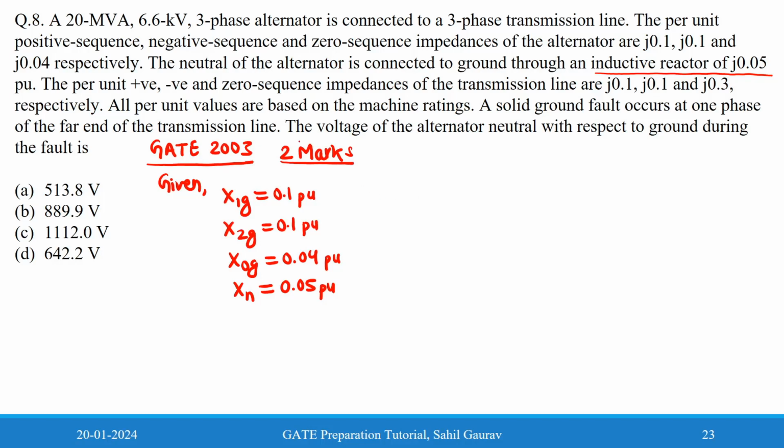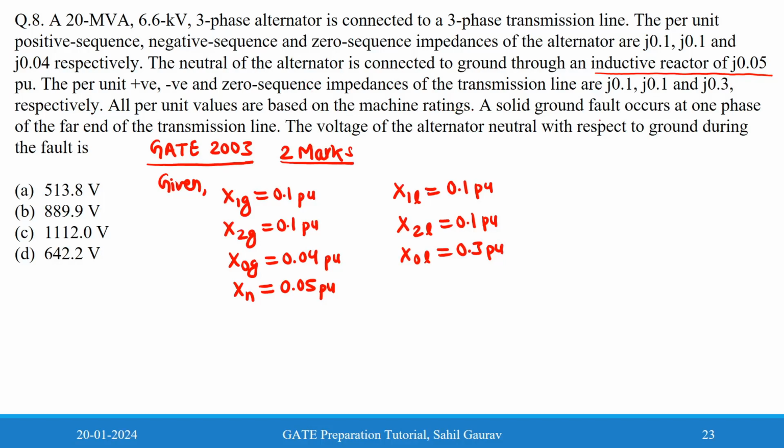The per unit positive and negative sequence reactances of the transmission line are also given. So for the transmission line, X1L is 0.1 per unit, negative is 0.1 per unit, and zero sequence is 0.3 per unit.